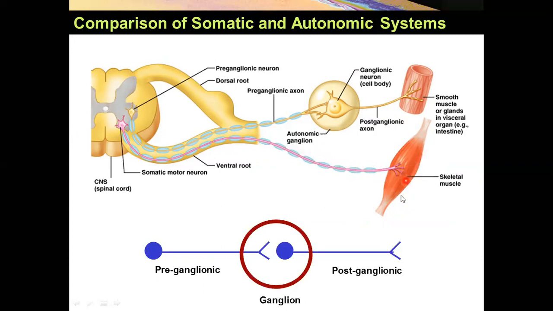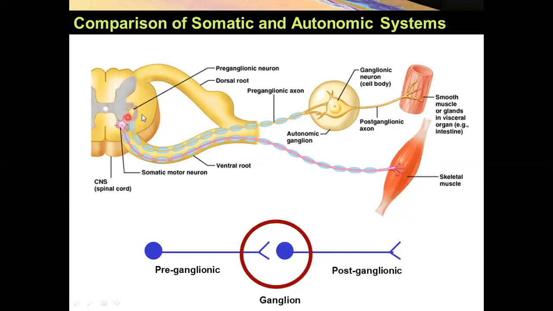innervating its effector, and here is the visceral motor neuron, or autonomic motor neuron, synapsing in a ganglion. So this is the pre-ganglionic axon, whose cell bodies are found in the lateral horn of the spinal cord.